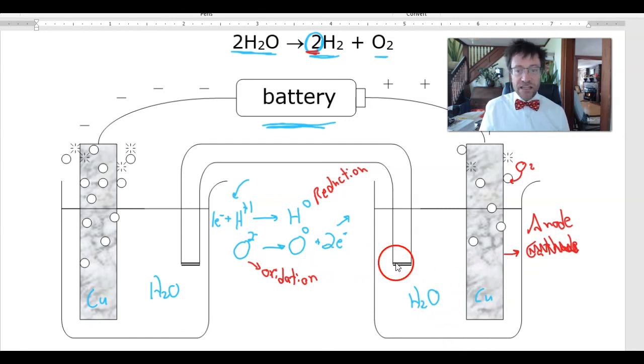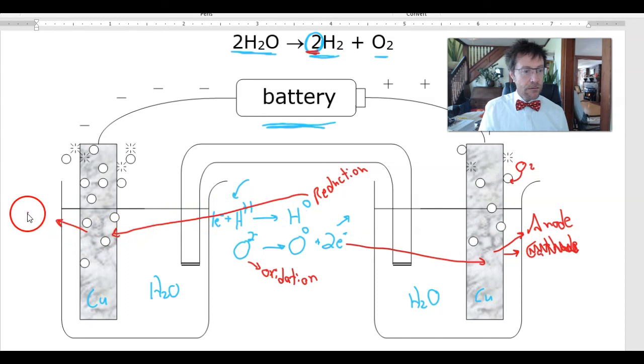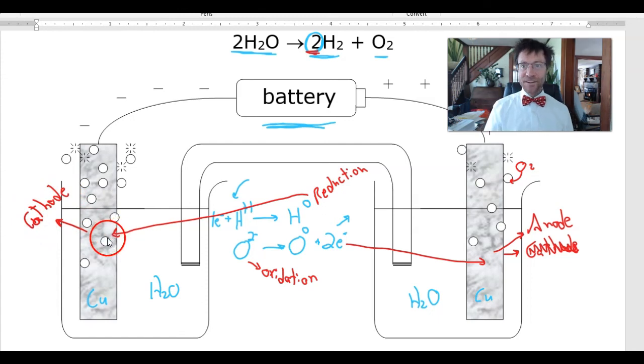So if this is oxidation, it's got to be an anode. If this is reduction, red cat. Red cat and an ox. Bam! That was easy. There's two making mistakes. It's weird. It never happens.